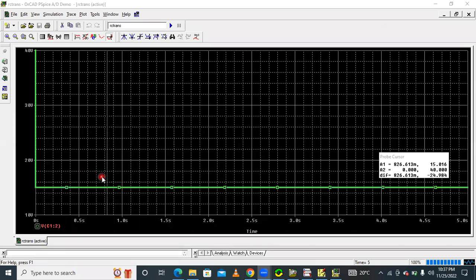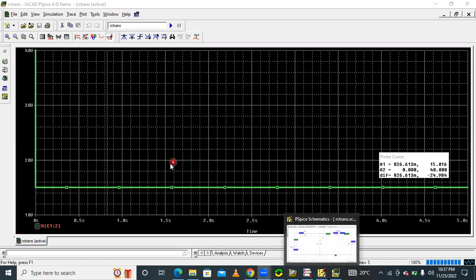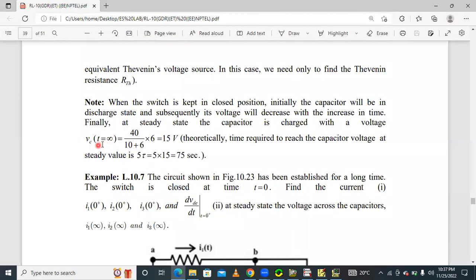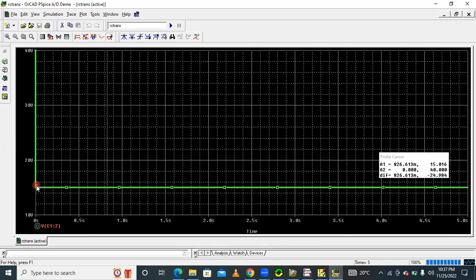From this waveform, you can understand that. What is the final voltage across the capacitor? Vc at t equal to infinity, the voltage across the capacitor, is 15 volts. So the constant voltage across the capacitor under steady state condition is equal to 15 volts.